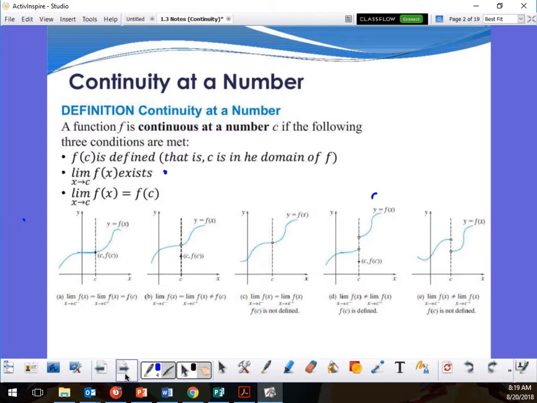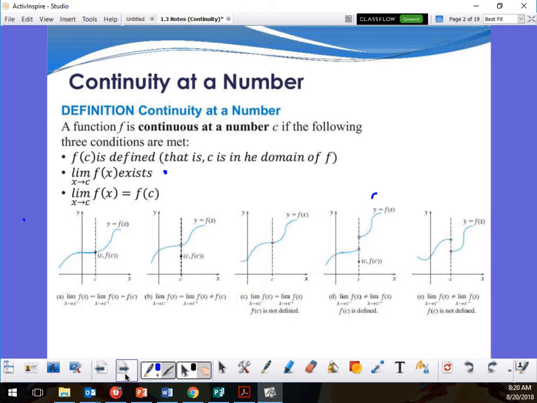Say no. The limit occurs when both left and right go to the same number, right? Does that number have to exist? No, there could be a hole right there, but both left and right hand go to that. Now, what that last statement is saying is that my left and right hand are both going to that number, and f of C is that same number.